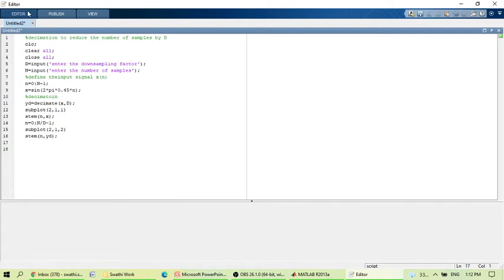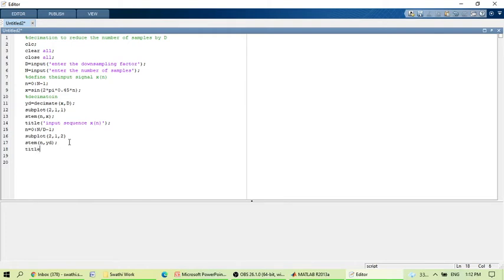So let us run the program, and before that give a title to the graph. For that I have to use the command title. So what is the title here? It is the input sequence, the actual input sequence x of n before downsampling. After that, what is the second figure showing?